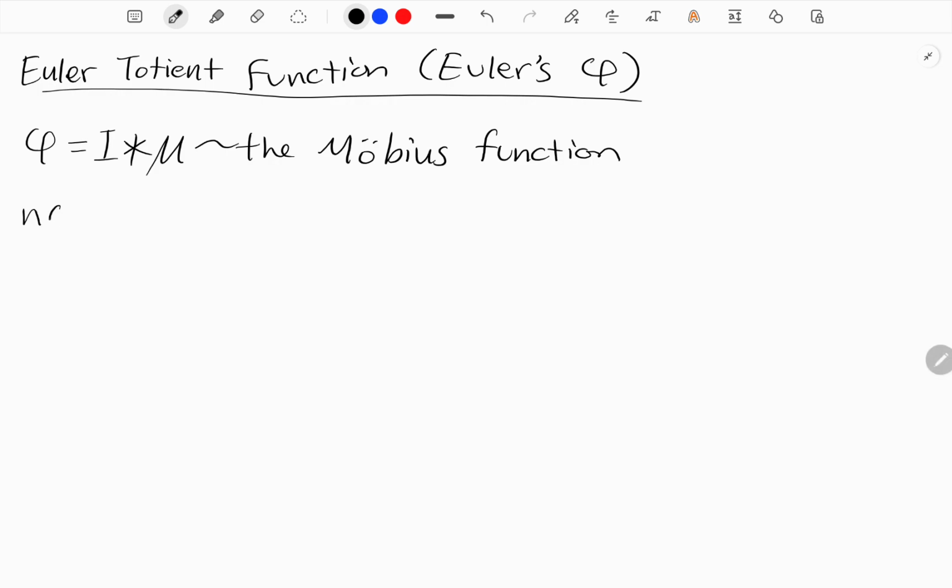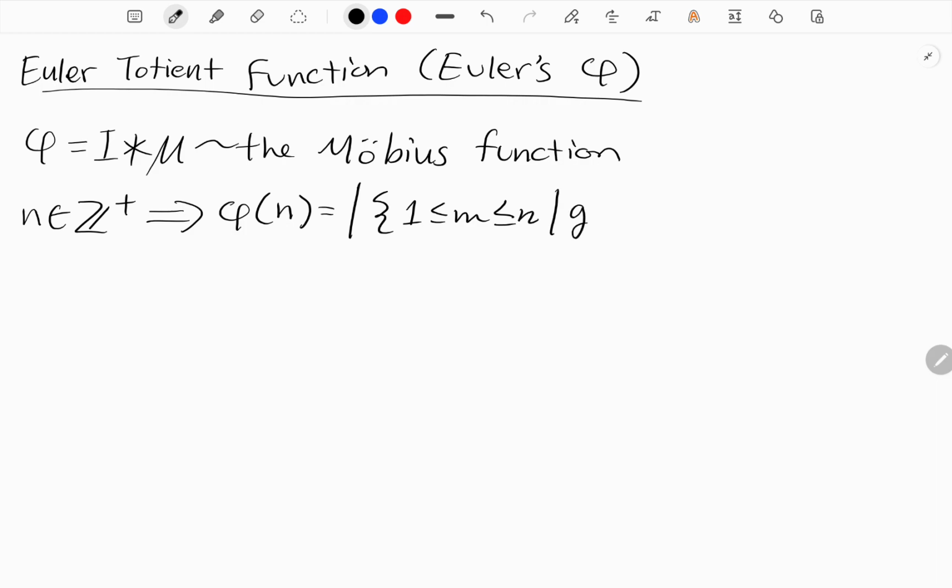So let me just define what phi is. Suppose you have n that is a positive integer, then phi of n is equal to the cardinality of the set of integers m between 1 and n such that m is co-prime with n, or GCD of m and n is equal to 1. I put an equal sign here and not strictly less than, because n could be 1.